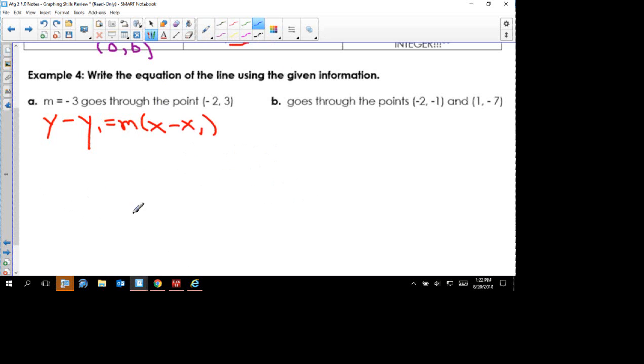Now we'll plug in the stuff we know. Y minus y1 is 3 equals, the slope is negative 3, parenthesis x minus negative 2. Now, we are going to change this into the other form because that's usually what we do. So to change it into slope-intercept, we will distribute the negative 3 by multiplication.